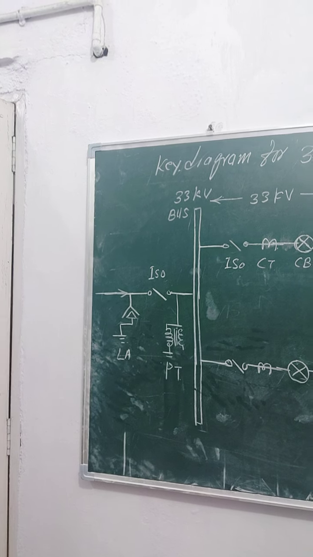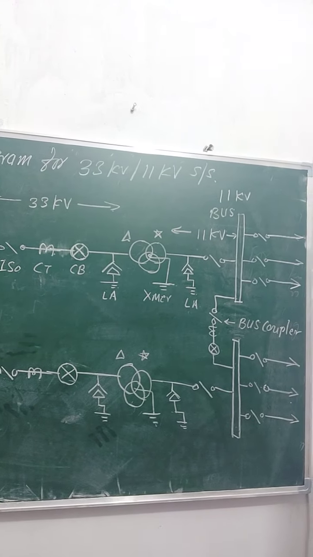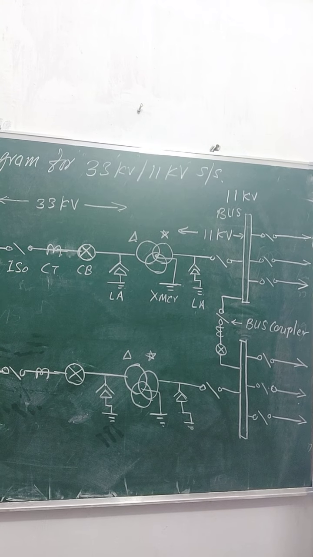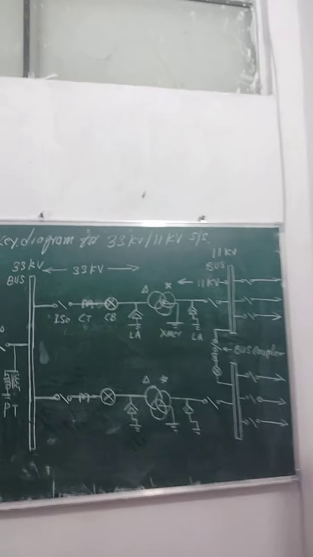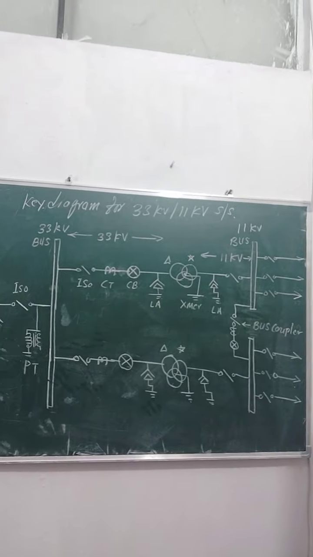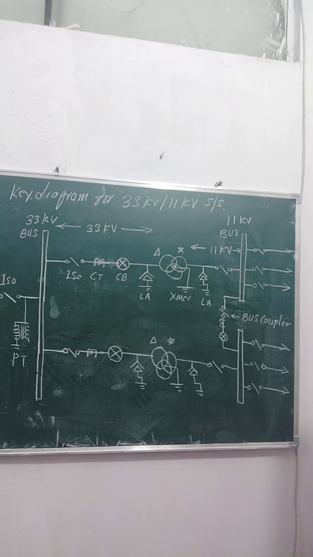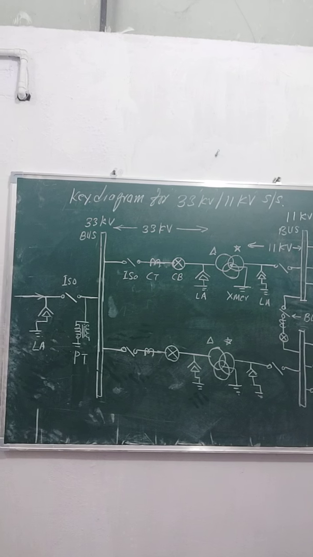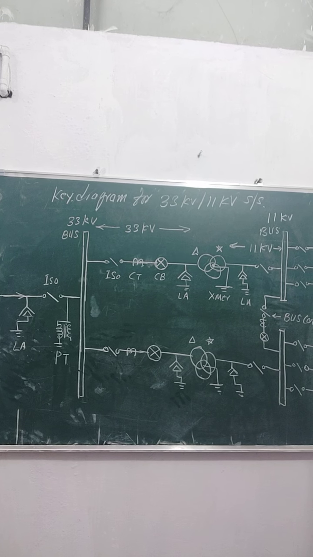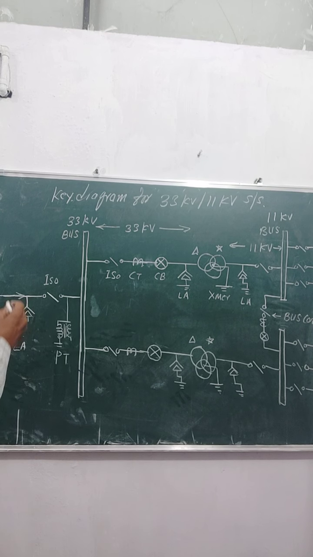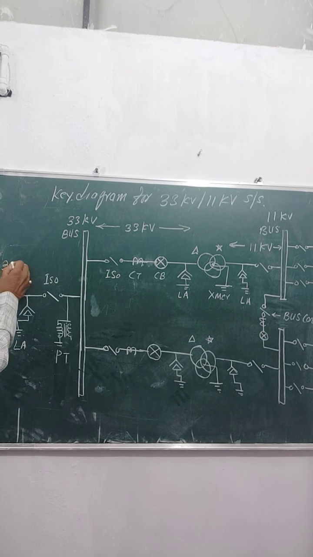So this is the complete diagram of a 33 by 11 kV substation. You just see, this is the 33 kV incoming.